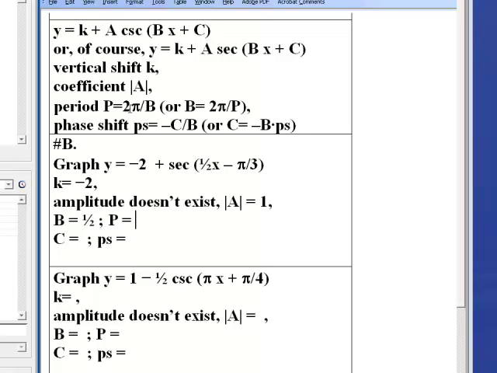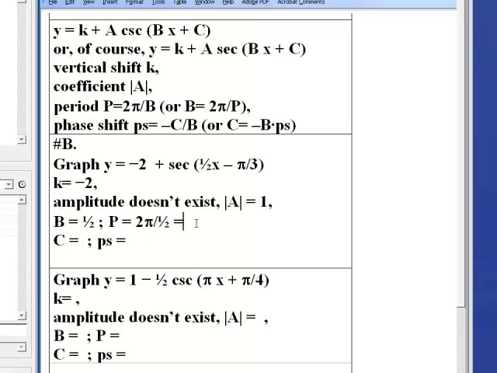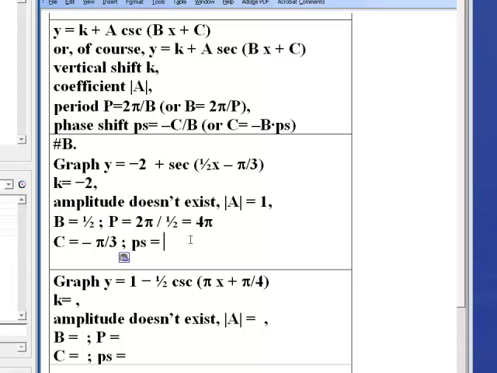Period comes out to 2 pi divided by 1/2, which of course is 4 pi. There we go. We have c equals -pi over 3.